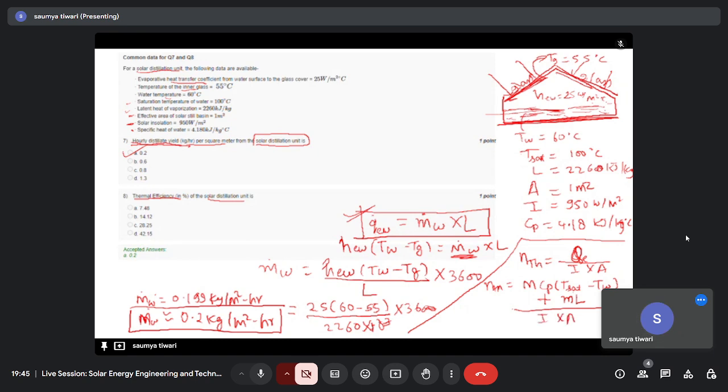Okay, this is your actual useful heat that we get from this particular solar distillation unit upon I into A. So if you put all the values, you know the mass of water, you know the cp of water, you know the saturation temperature. Let me write here, I don't have space.